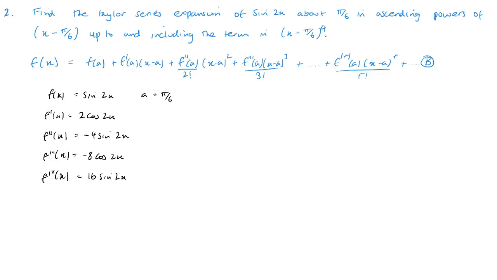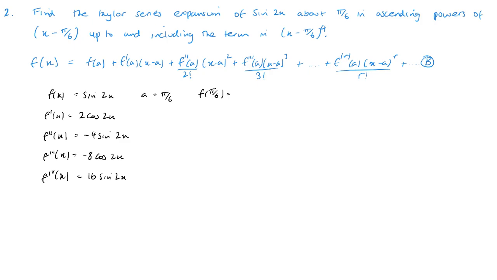Now we need to go ahead and substitute pi by 6 into my f. So f of pi by 6 is going to be 2 times pi by 6, so it's actually going to be pi by 3.